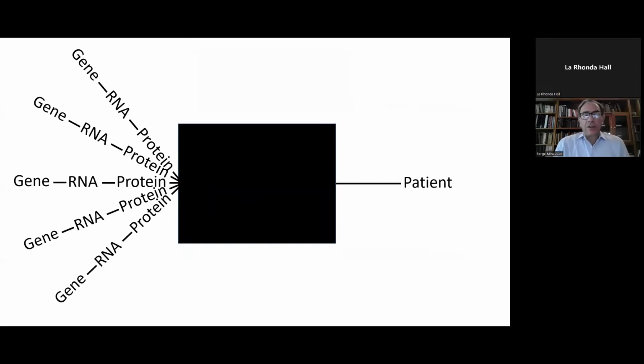What about adult neurology? How is the situation different? Indeed, there are adult neurological conditions that are single gene defect disorders. Huntington's disease is one, several forms of ALS, some forms of Parkinson's disease.